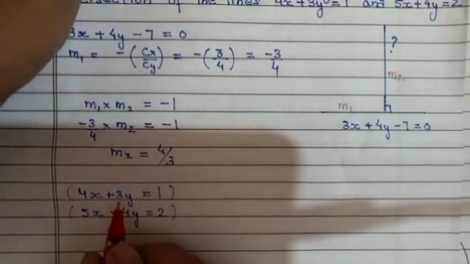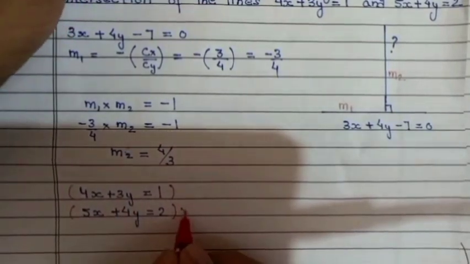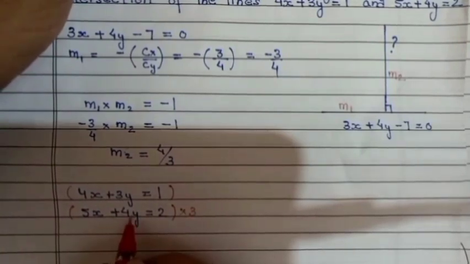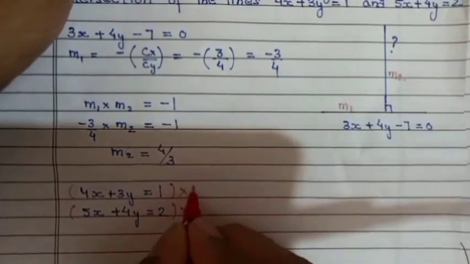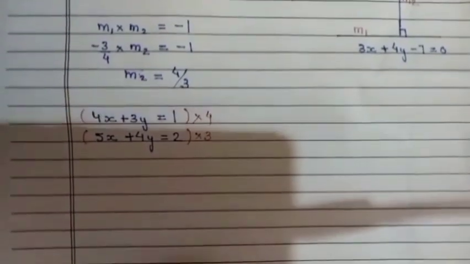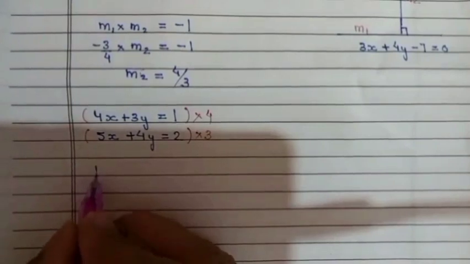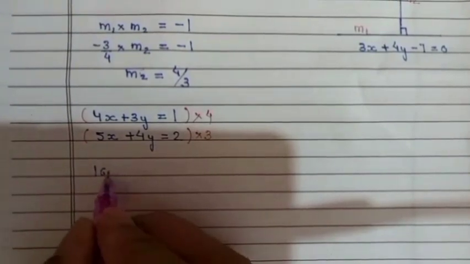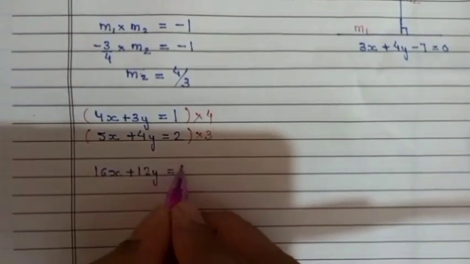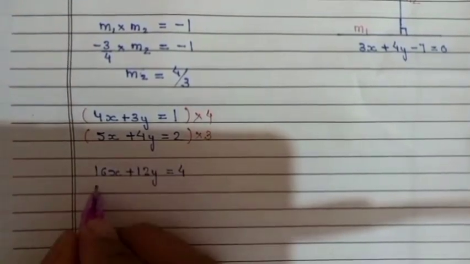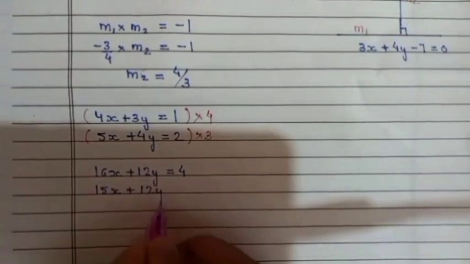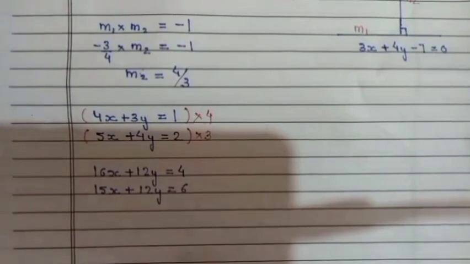In the first one, coefficient of y is 3. We will multiply it by 4. In the second one, coefficient of y is 4. You will multiply it by 3. So let's see what will be the result. This will give you 16x plus 12y is equal to 4. The second equation becomes 15x plus 12y is equal to 6.